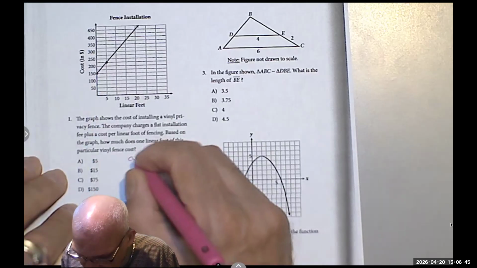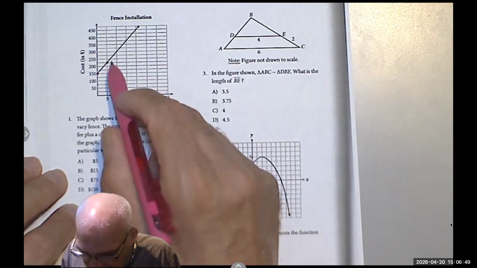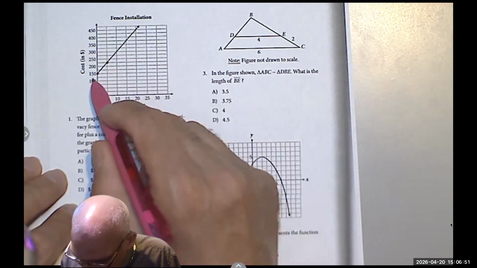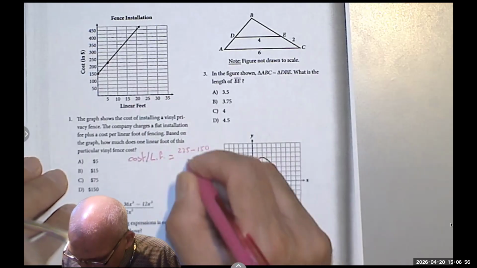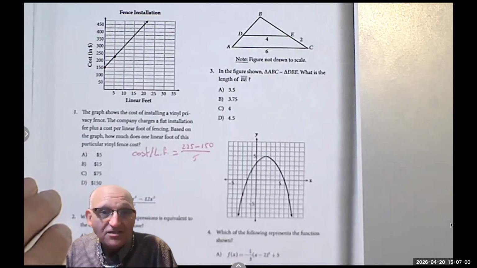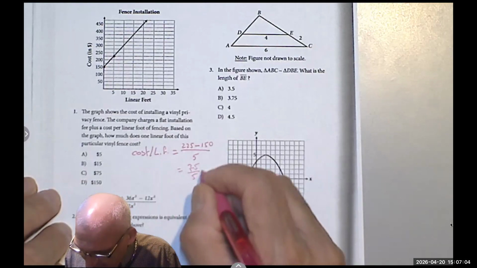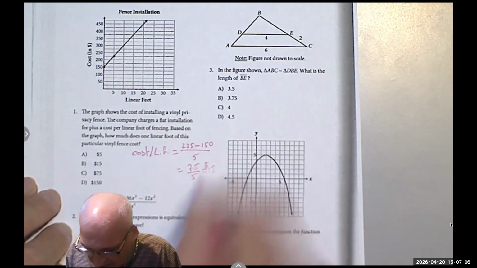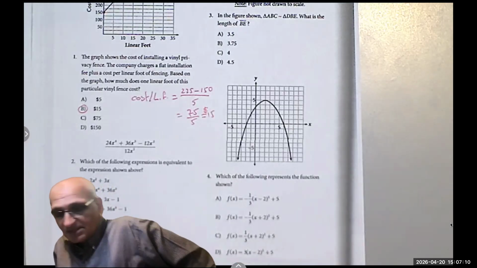So cost per linear foot equals 225 minus 150 divided by 5. That's the cost of 5 linear feet. The numerator is 75 over 5, which is $15. So you select B. Notice, you don't want to waste time.